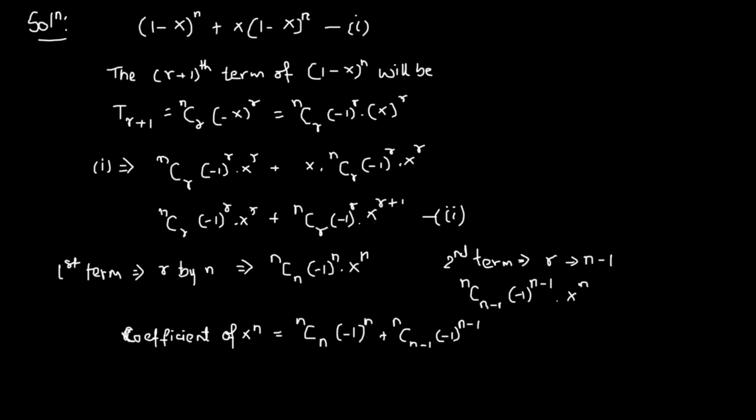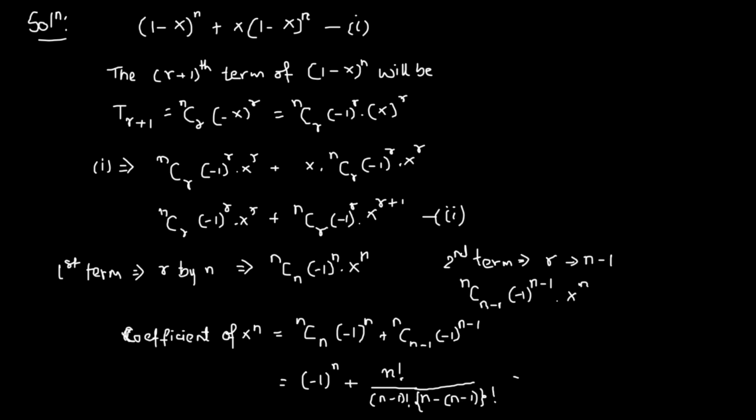nCn is always positive 1, so we have simply negative 1 raised to the power of n, plus, now nC(n minus 1) can be rewritten as n factorial over (n minus 1) factorial times 1 factorial.